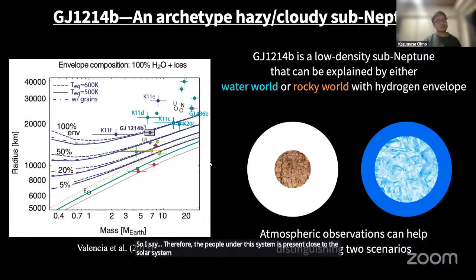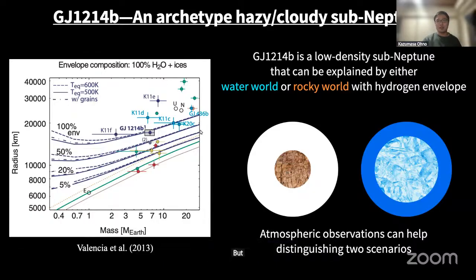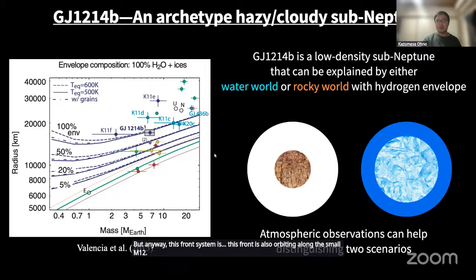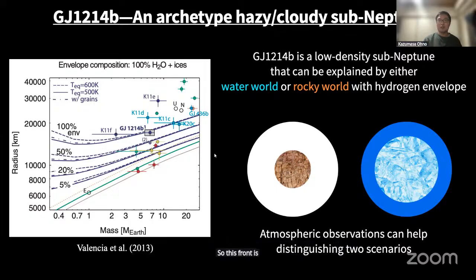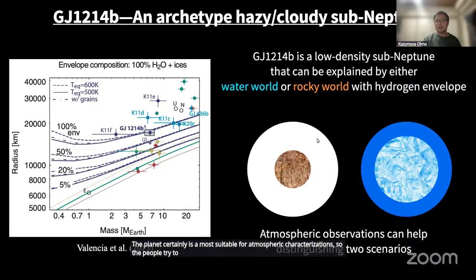I forgot the exact distance. But anyway, this planet is orbiting around a small M-dwarf, so it is one of the planets most suitable for atmospheric characterization. So people have tried to study its atmospheric composition over the decades.